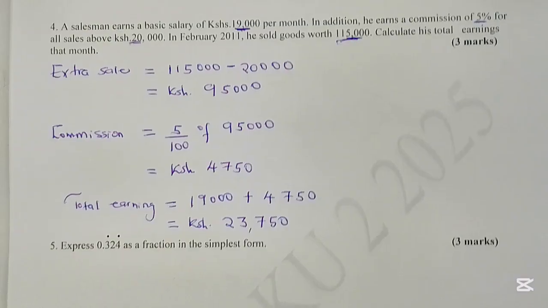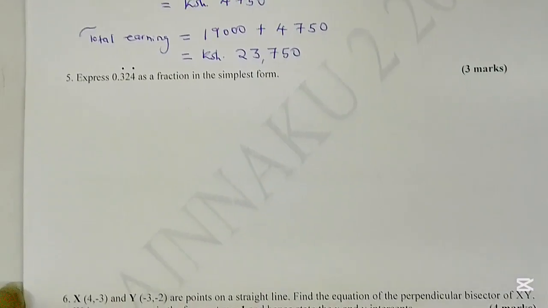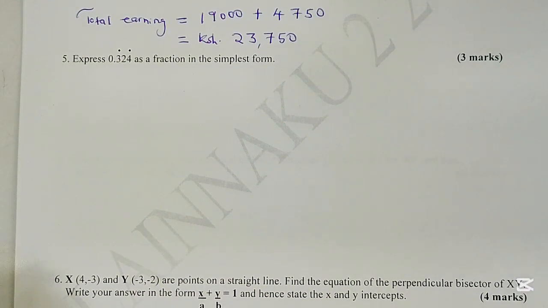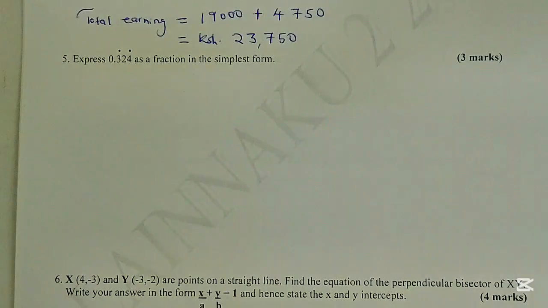Now, going ahead, this one is the concept of converting recurring decimals to fractions. Here you have been given 0.324. The 324 are recurring.